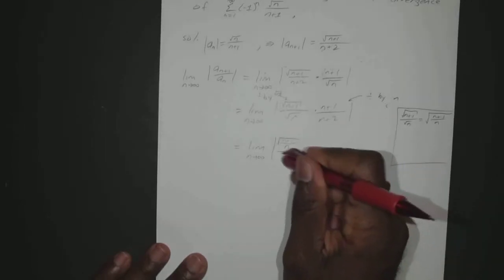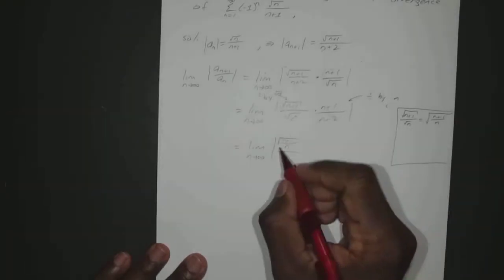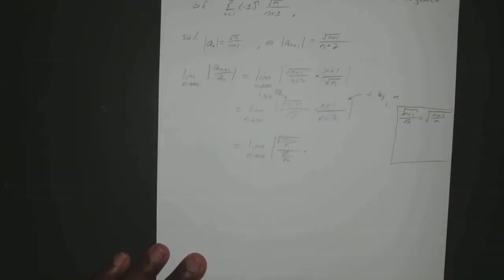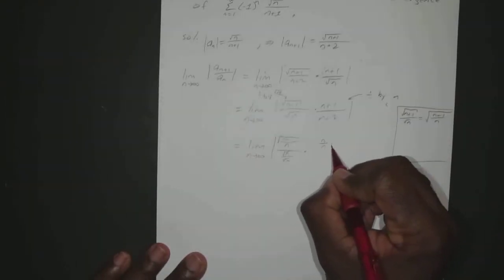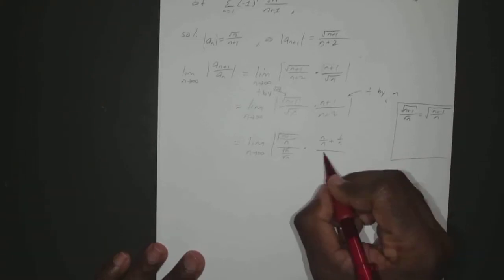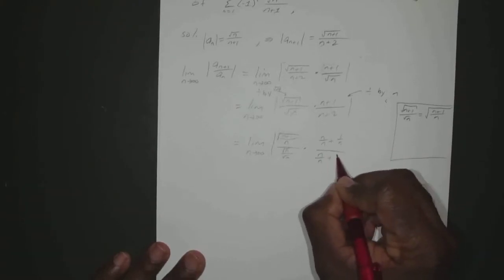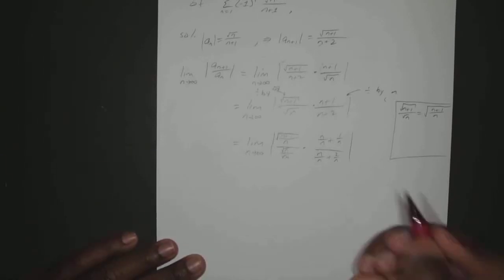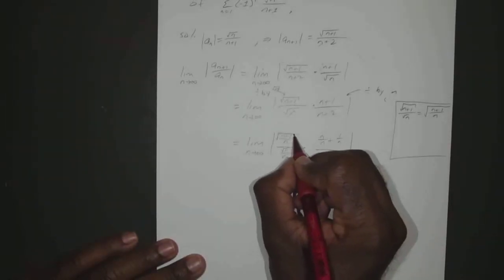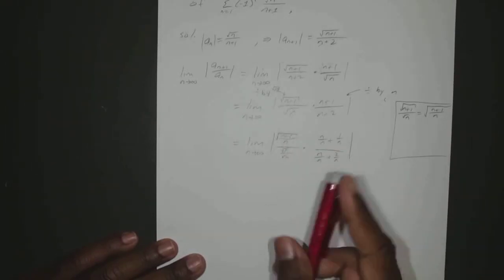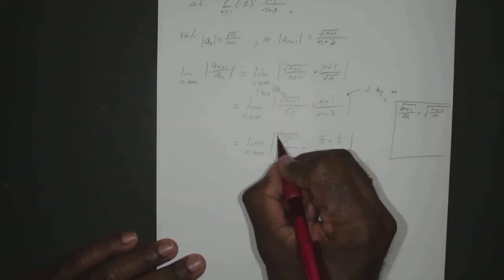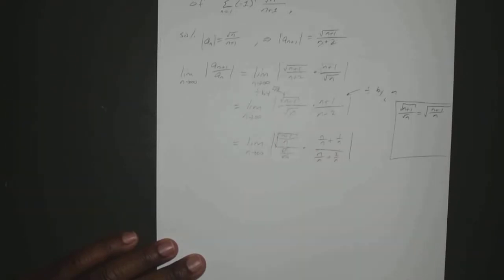I might as well write it out, so it won't just disappear. Square root of n over square root of n times n over n, plus 1 over n over n over n plus 2 over n.